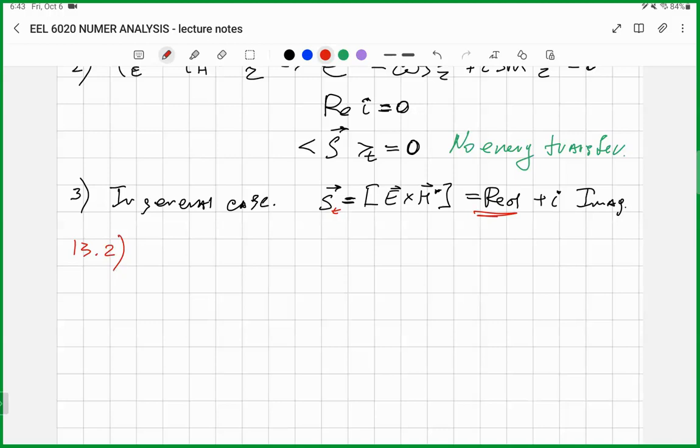So this is the second subsection in this 13th point: standing waves and resonator modes.